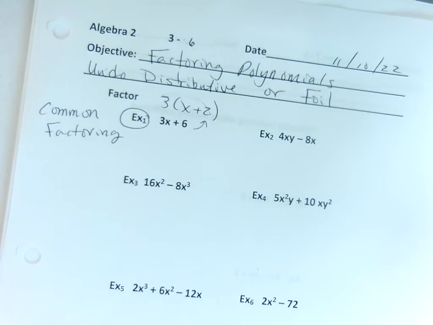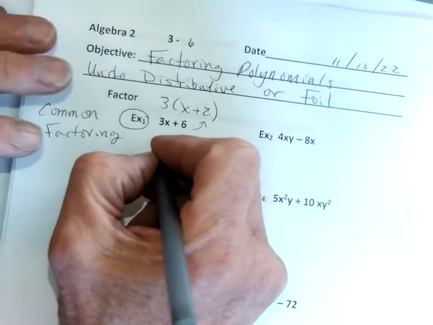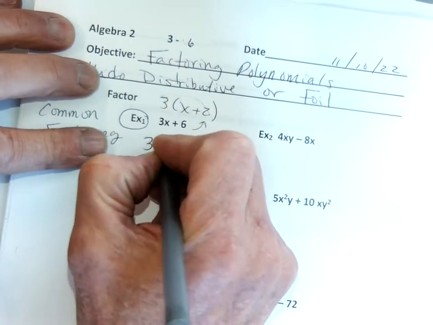Let's say it again. What's the biggest number that divides into both? 3. So they have a common multiple of 3. Let's write it down.